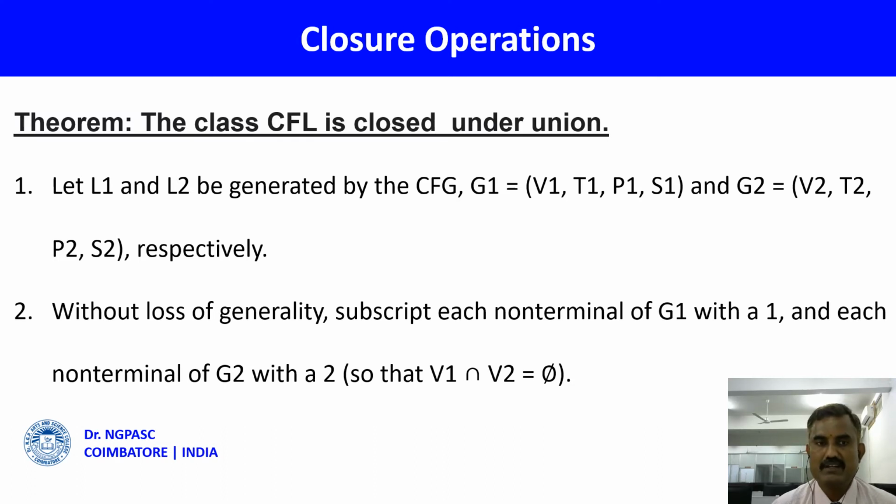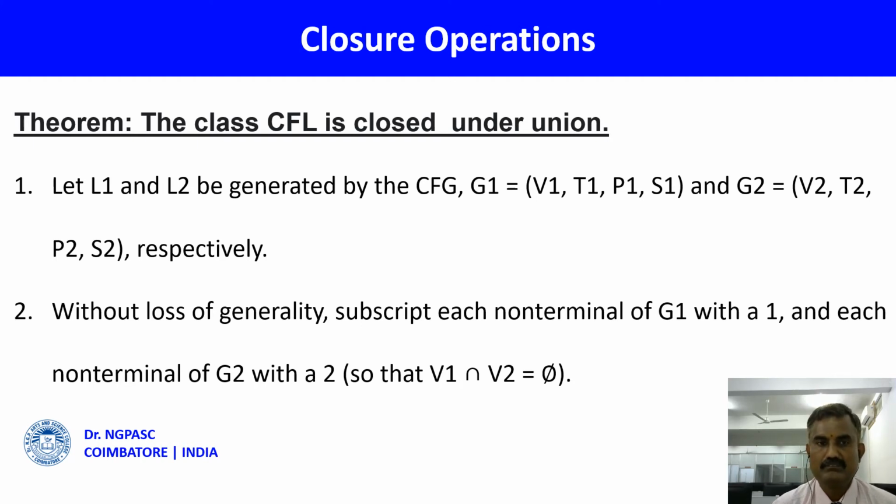The corresponding grammar of L1 is denoted as G1, which is equal to V1, T1, P1, S1, and another grammar G2 is denoted by V2, T2, P2, S2. Here V1 is the set of non-terminal symbols of G1, T1 is the set of terminal symbols of G1, P1 is the production rules of G1, and S1 is the starting symbol of G1. Similarly, V2 is the set of non-terminal symbols for G2, T2 is the set of terminal symbols for G2, P2 is the production rules of G2, and S2 is the starting symbol of G2.